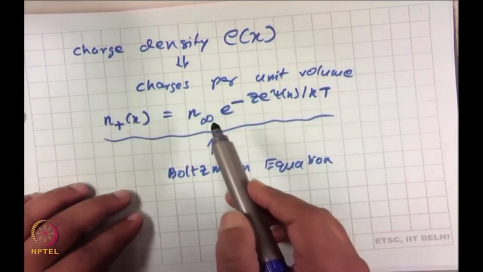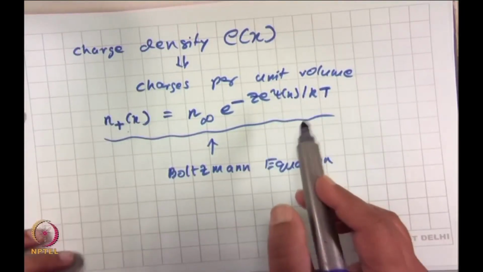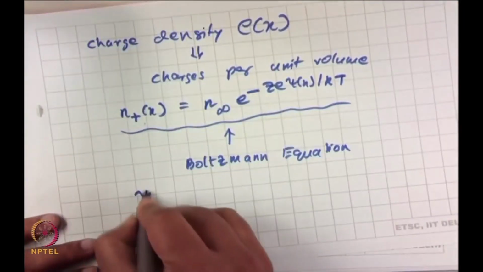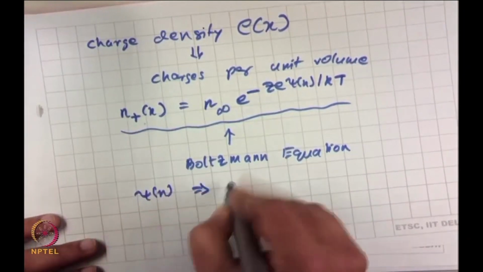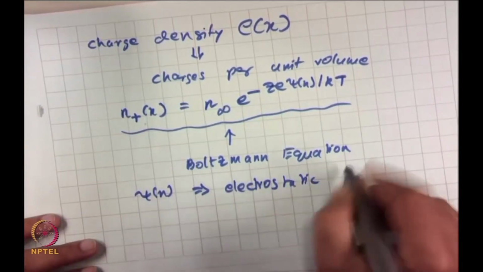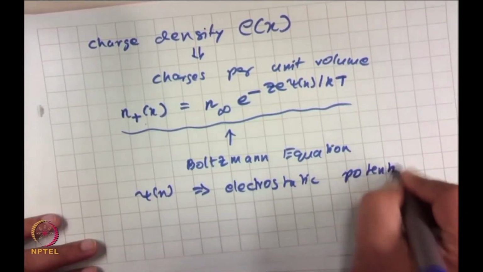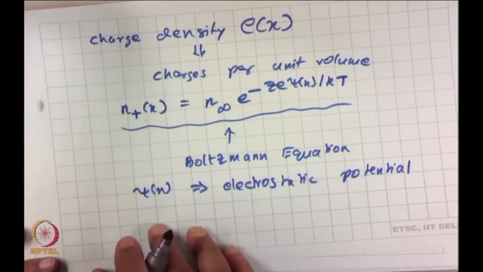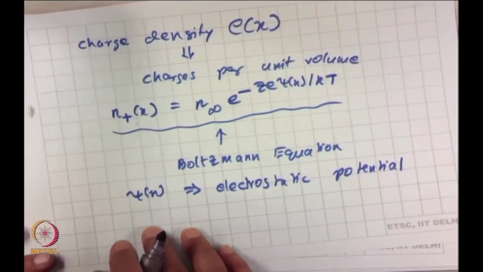It is the electronic charge. What is psi of x? Psi of x is the corresponding electrostatic potential, and we will see what it means very soon.